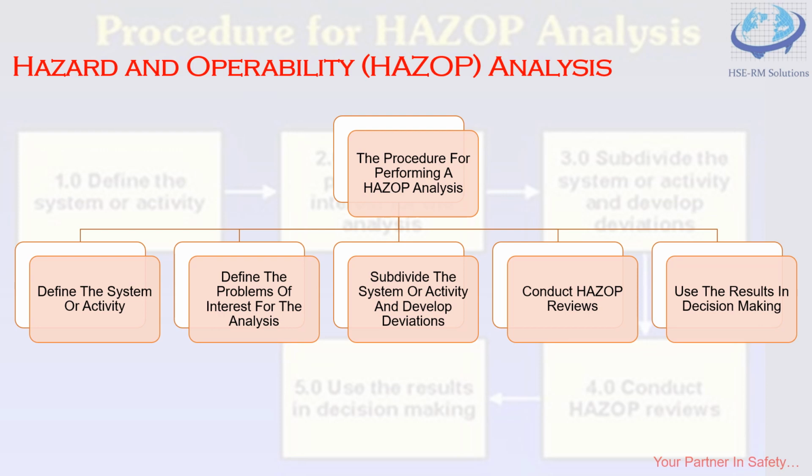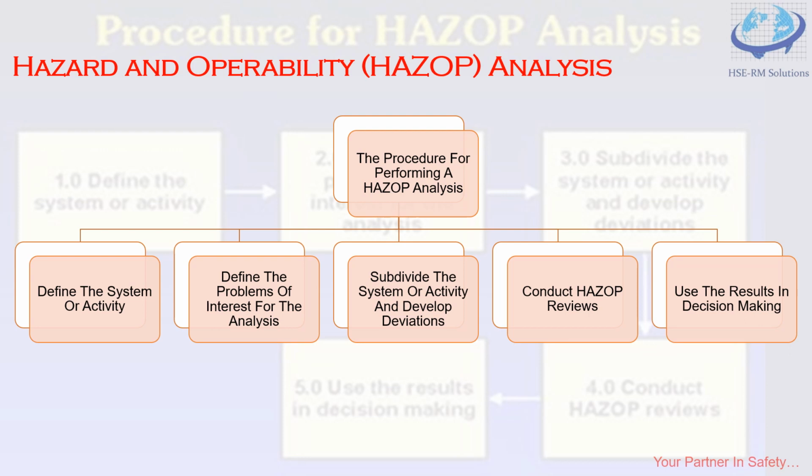Correct? Now further subdivide the system or activity and develop deviations. That is, subdivide the system or activity into sections that will be individually analyzed. Then apply HAZOP guide words that are appropriate for the specific type of equipment in each section.